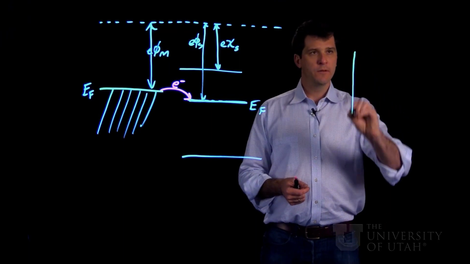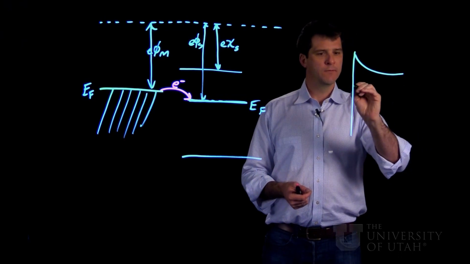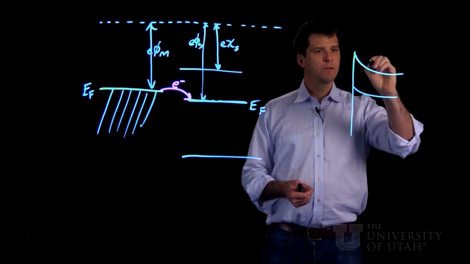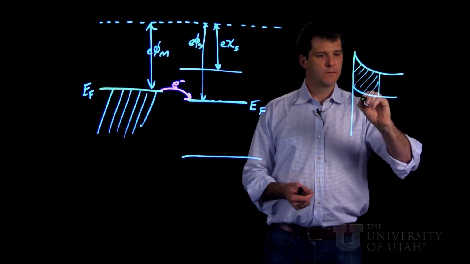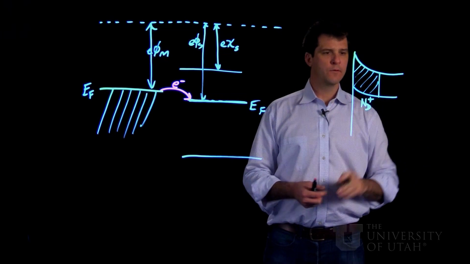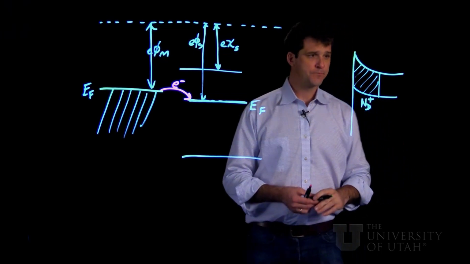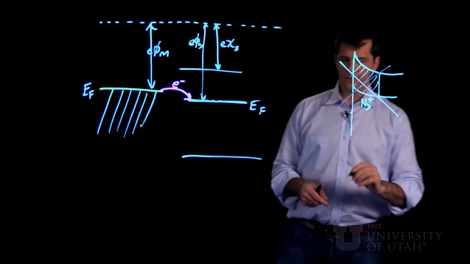So typically, if we look at a Schottky barrier or a p-n junction, we have the bands bending up for a depletion width where we have Nd plus ionized donors in an N-type material. So this is opposite to what we're going to form in this case.